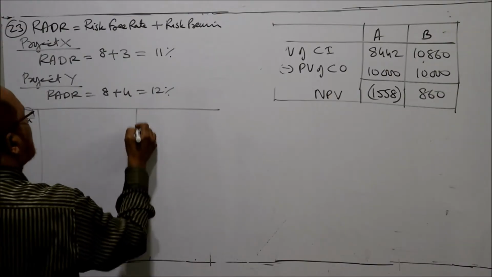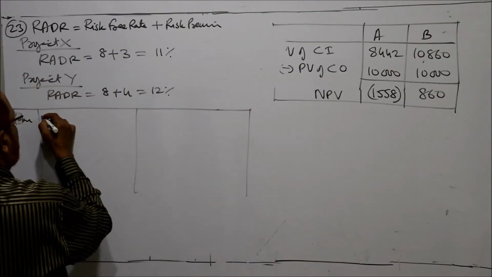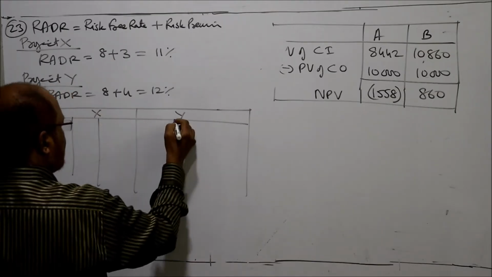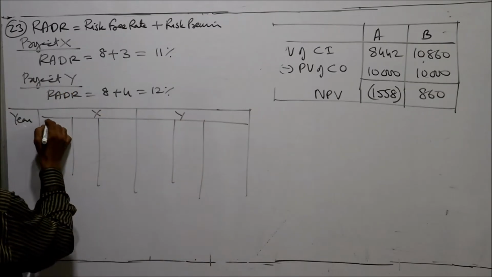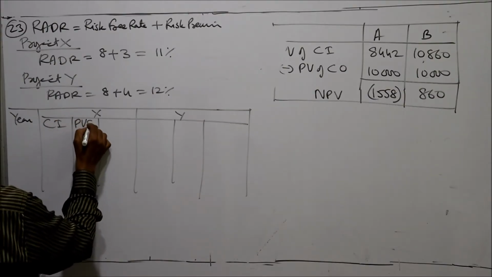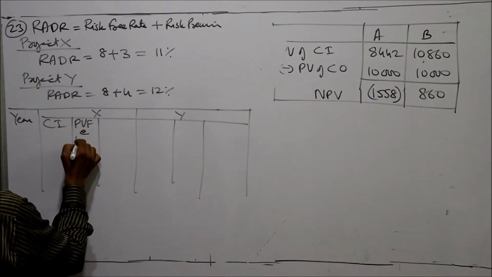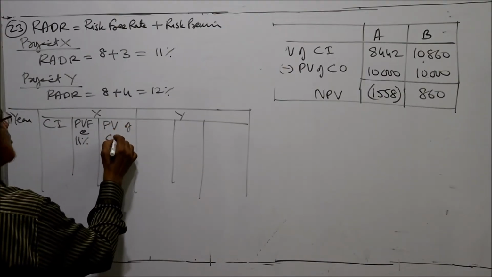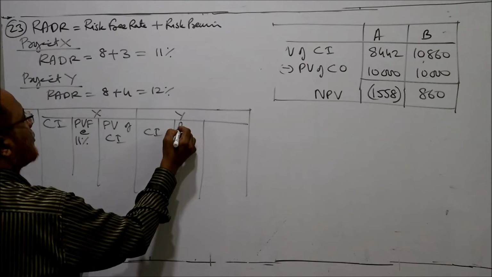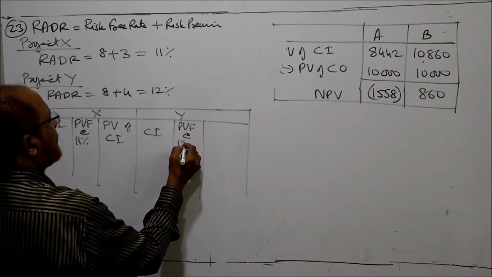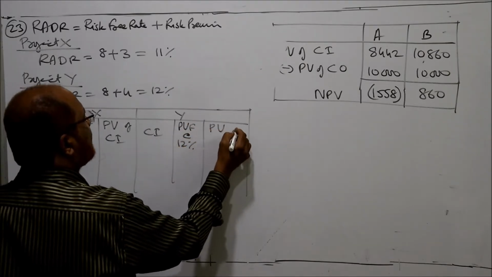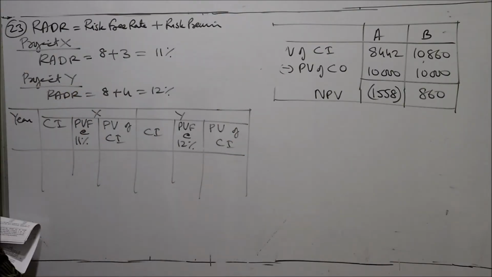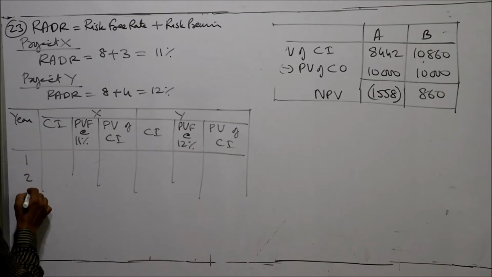Here, project X, project Y, cash inflow, PV factors at the rate of 11%, PV of cash inflow. This is cash inflow, PV factors at the rate of 12%, PV of cash inflow. How many years? 1, 2, 3, 4.